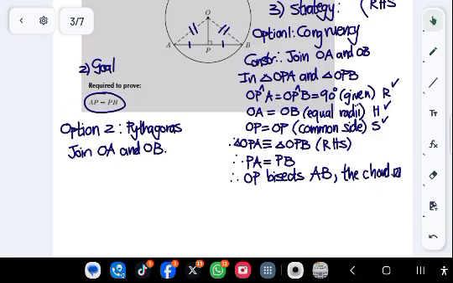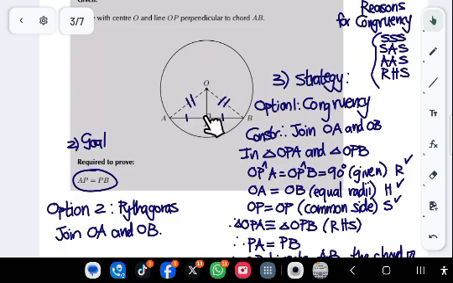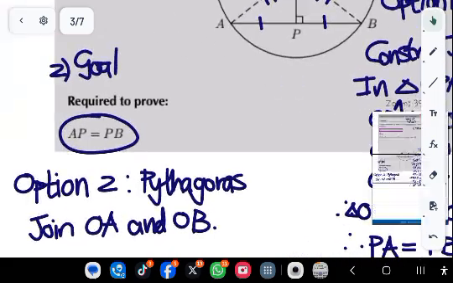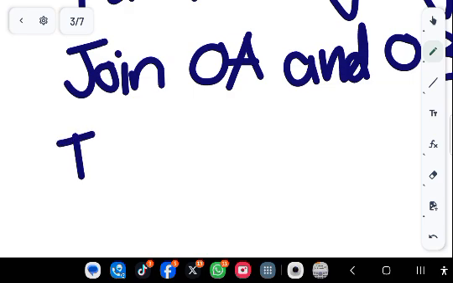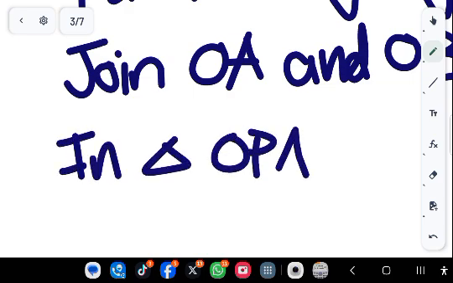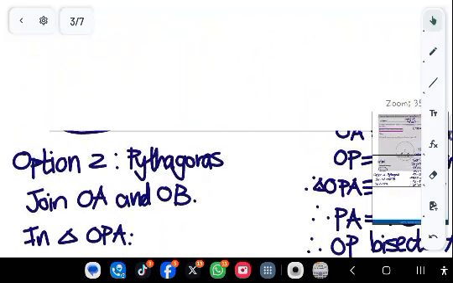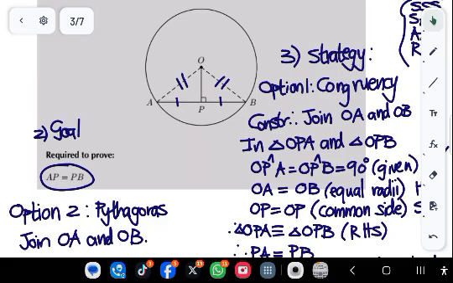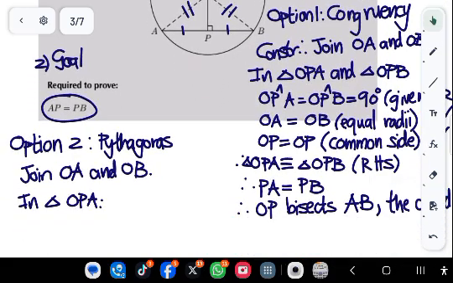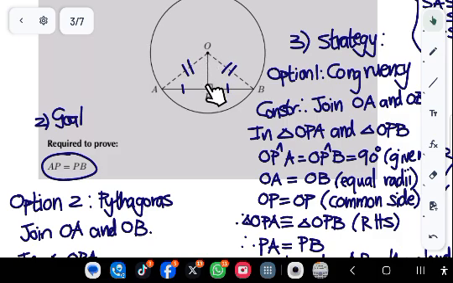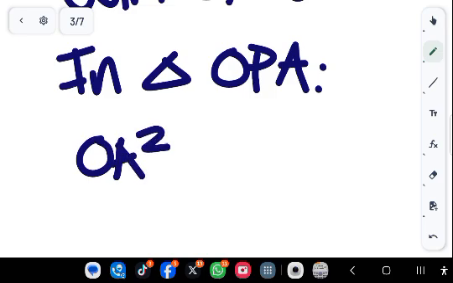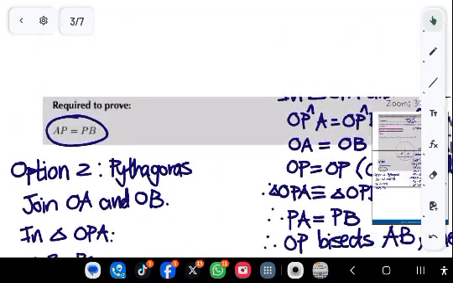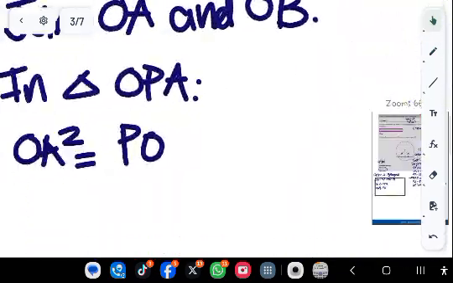Now that they've been joined, because we have a right angle triangle, in triangle OPA, this is what we have: OA squared equals OP squared plus AP squared. OA squared equals OP squared.